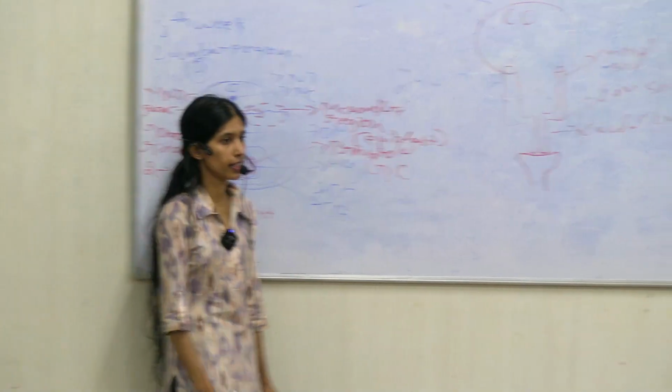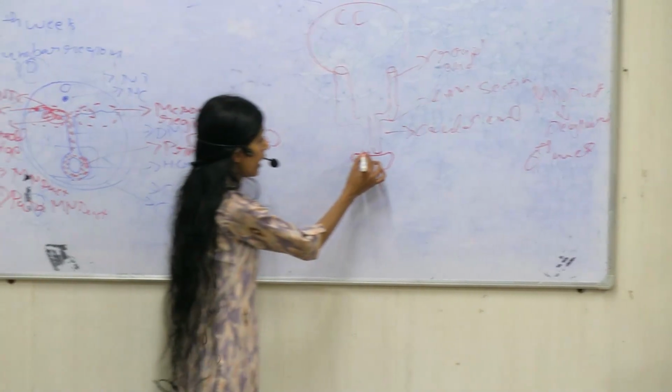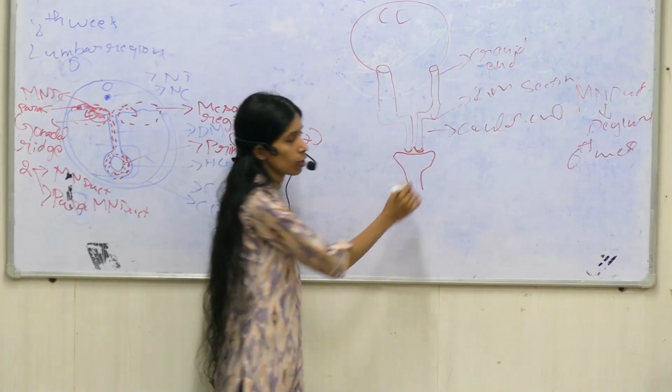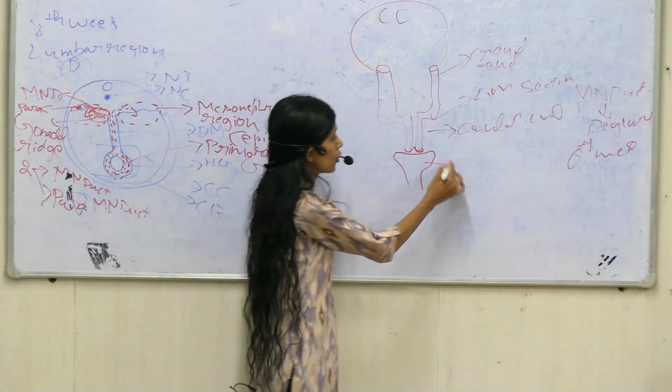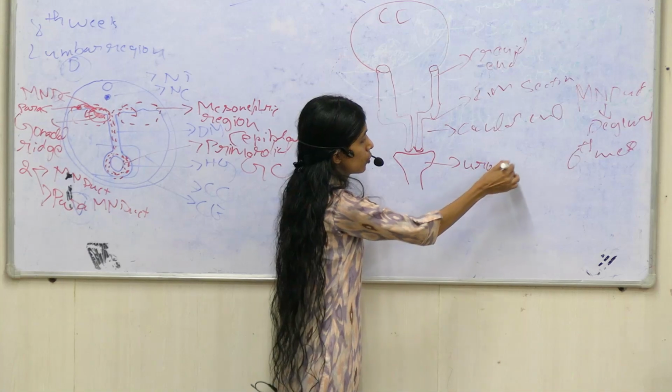The caudal end will come and get attached or comes in contact with the posterior surface of the urorectal sinus.